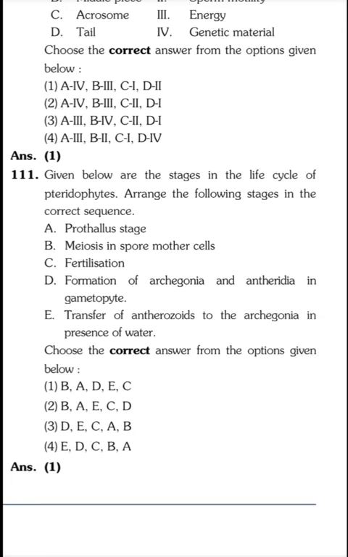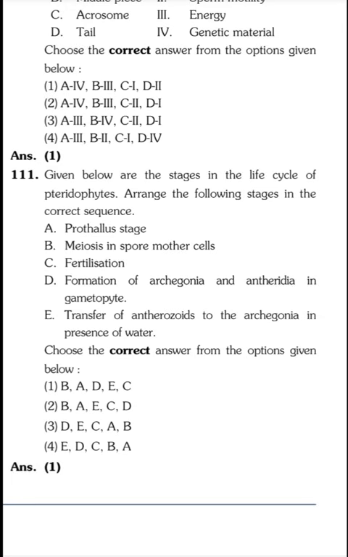So here the first option should be B, meiosis in spore mother cell. Only then they produce the spores. These spores germinate to form the prothallus stage or gametophytic stage. Once they have undergone production of the prothallus stage, the formation of archegonia and antheridia in gametophyte takes place.